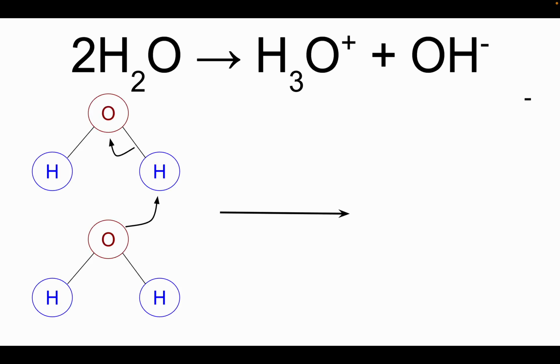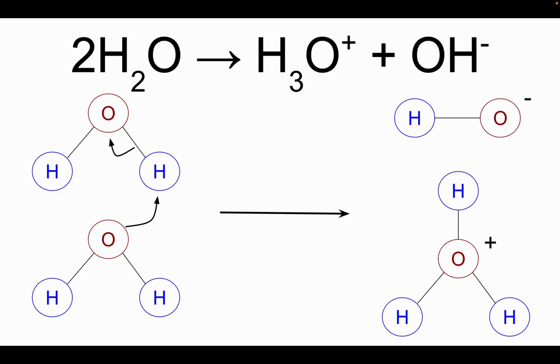So here we've got 2 water molecules, and what's happening here is the bottom water molecule is grabbing a hydrogen from the top water molecule. Basically the lone pair of electrons on the oxygen are bonding with that hydrogen on the molecule above, and then the electrons that were in between the oxygen and hydrogen are moving in to form another lone pair with the oxygen.